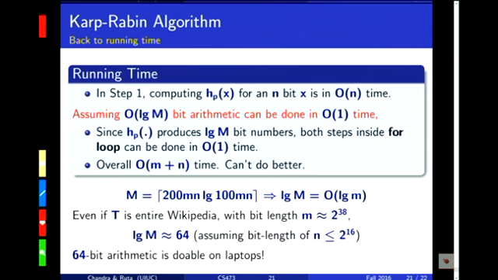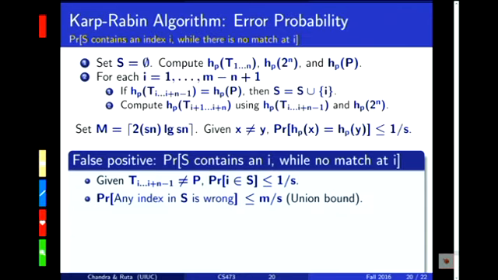Why can't we repeat while we do each comparison to reduce the error? Sorry? So when we compare whether a pattern and a substring are the same, why can't we also do the repetition? Good point. Yes, you can do that, and that will reduce the error. So what she is saying is, instead of doing this one comparison, why don't we keep track of 10 hash functions and 10 hash values, some constant.